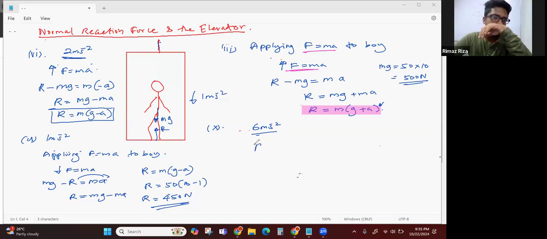R equals 200 Newton. The next question, take the acceleration as 8 meters per second squared.